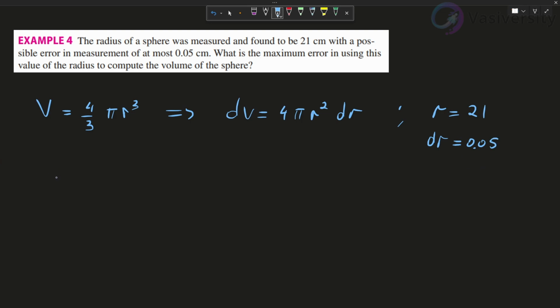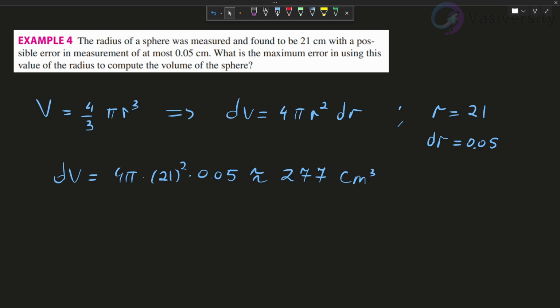So the change in volume, dV, is 4 pi times 21 squared times 0.05, which is about 277 centimeters cubed. So the maximum error in volume is 277 centimeters cubed, right? This is the maximum error we can get.